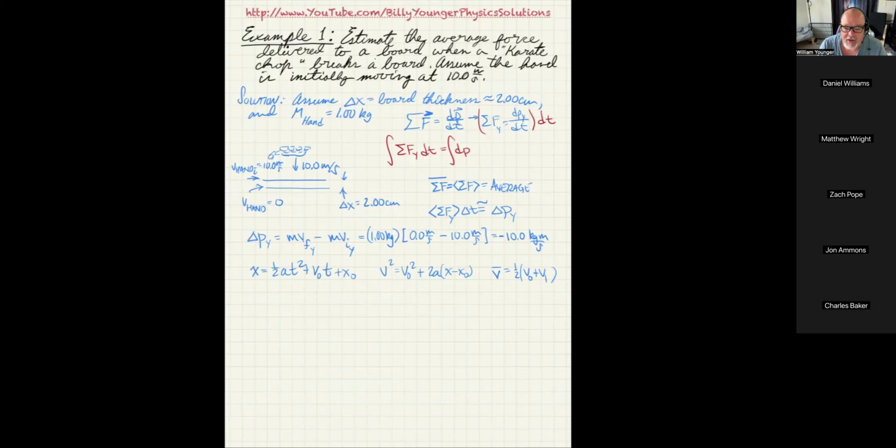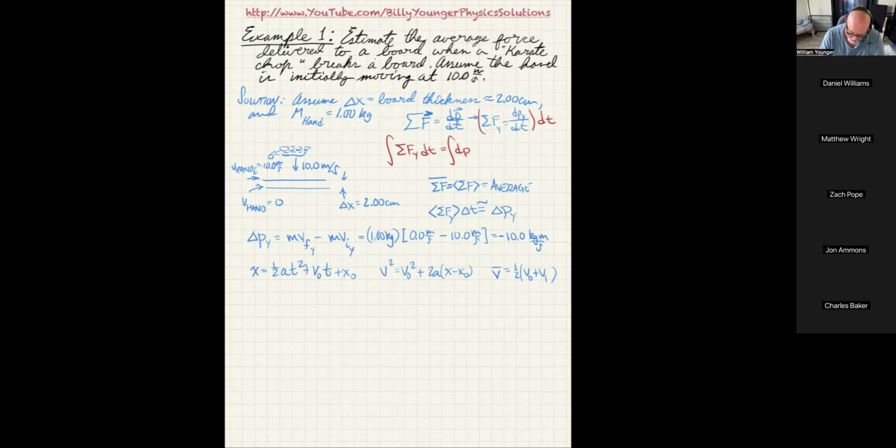If you look at, for instance, x equals 1/2 at squared plus v0t, if you were looking at it as if it had no acceleration, you could just say x is equal to v0t, and that would work fine.